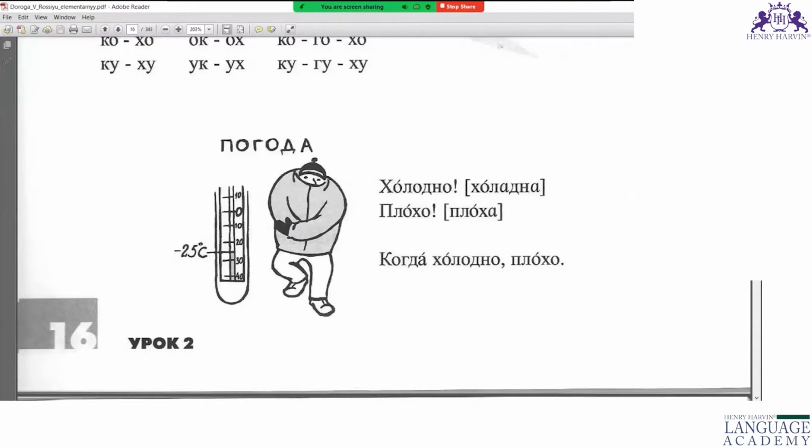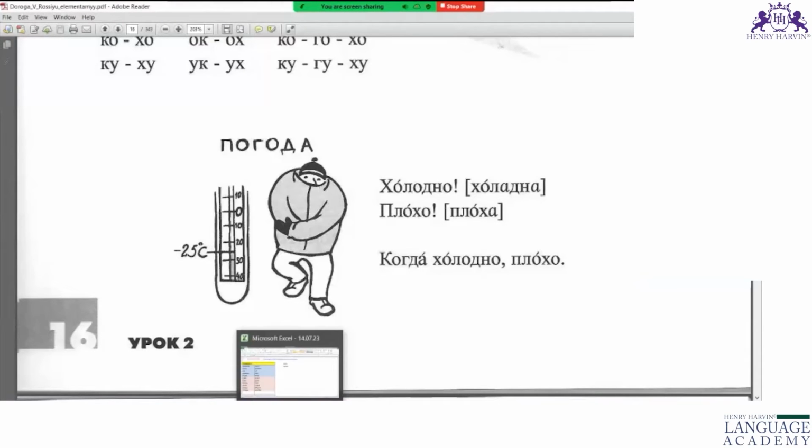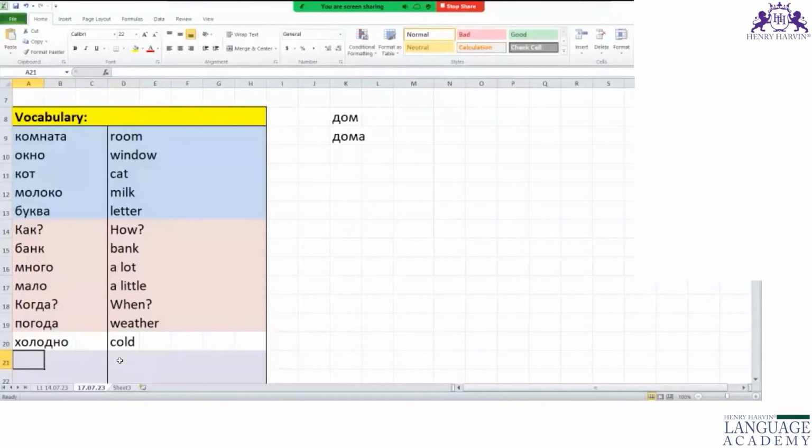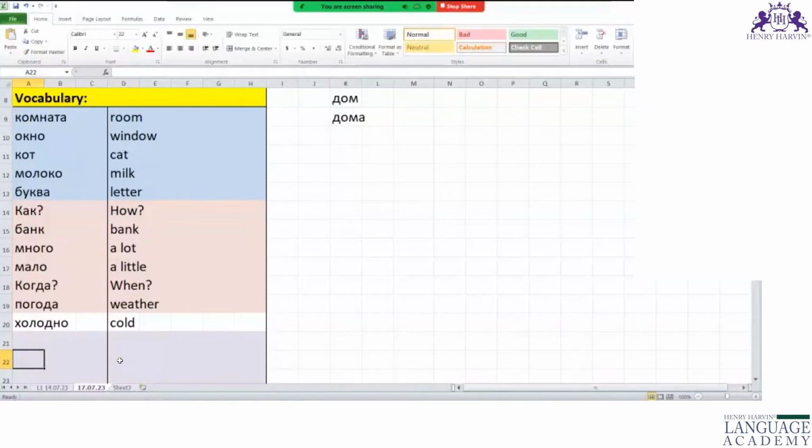Холодно, плохо, cold, bad. Да? When it is minus 25. Холодно is cold. Then we have the word плохо. Плохо means bad.